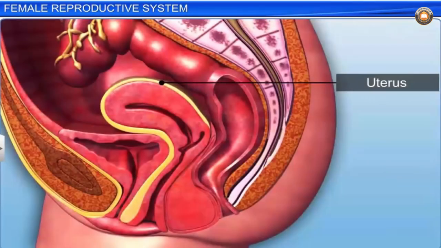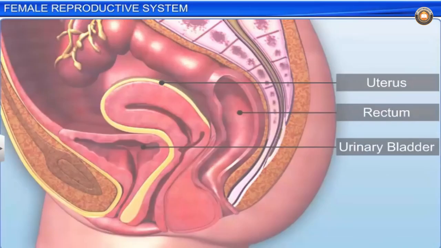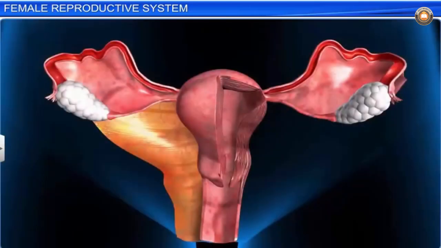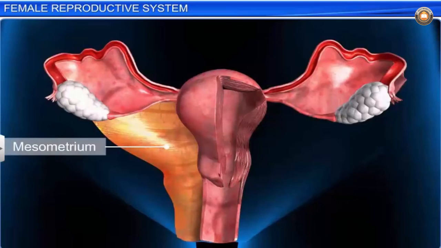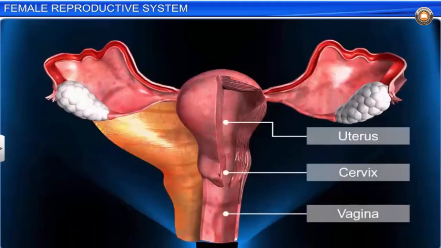It is situated in the pelvic cavity between the urinary bladder and the rectum. It is also known as the womb. It is supported by ligaments attached to the pelvic wall, known as mesometrium. The uterus opens into the vagina through a narrow cervix.